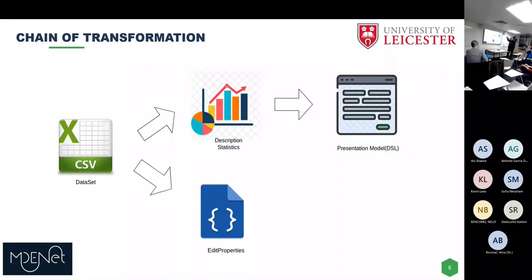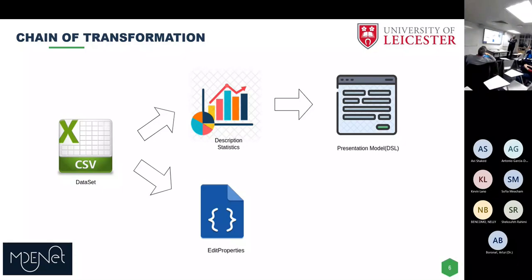And from the descriptive statistics extracted, we then make inference of a presentation model as the DSL code that is generated. So the DSL code generated is used to drive the React front end, as I showed in the previous slide. So also from the data set, we also still extract what I call edit properties.